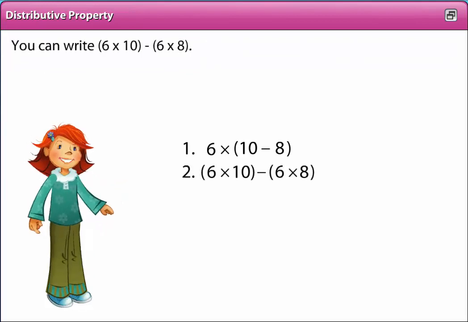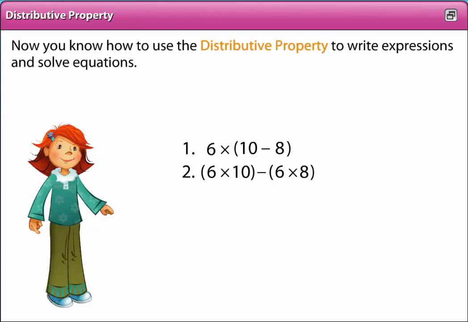You can write 6 times 10 minus 6 times 8. Now you know how to use the distributive property to write expressions and solve equations.